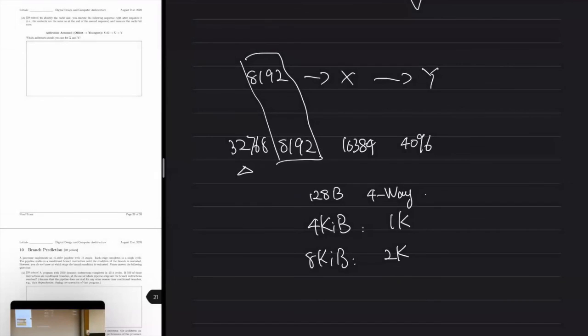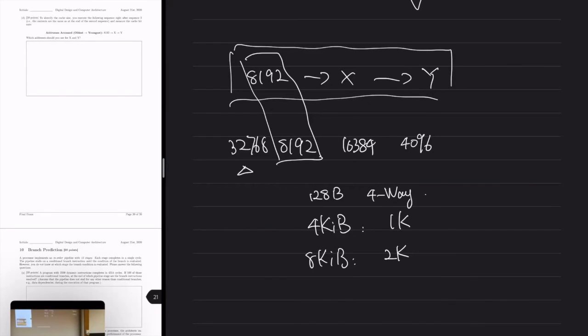Because this access sequence brings the ARU bit to this 32K, the way that we can know whether the size of the cache is 4K or 8K is to see if we can replace this least recently used cache line.